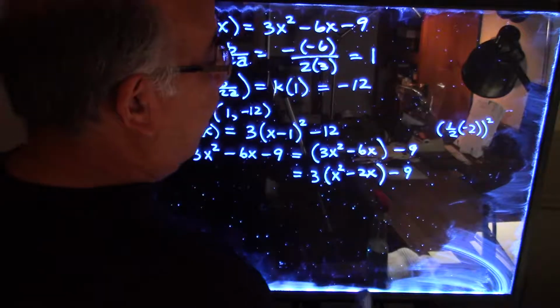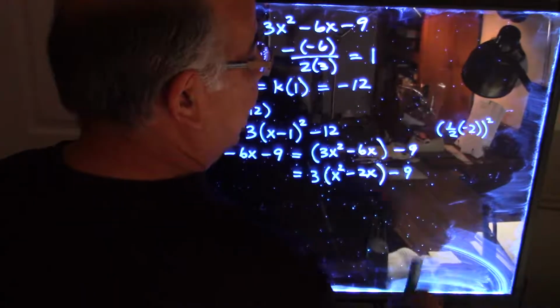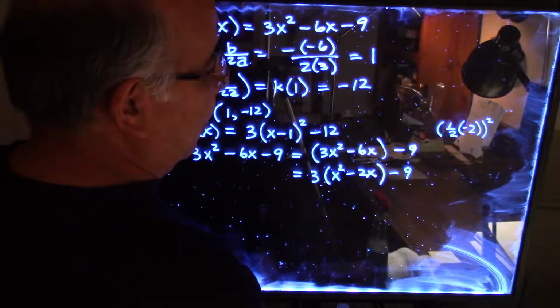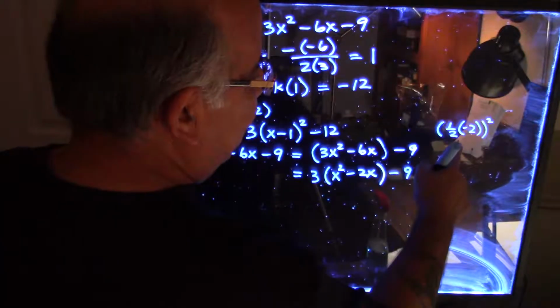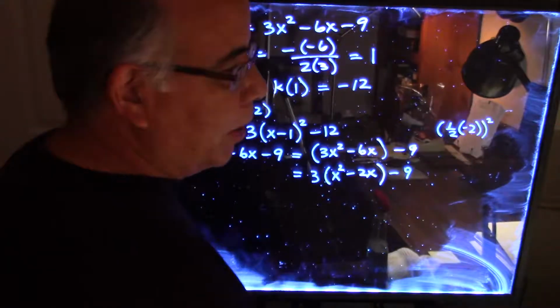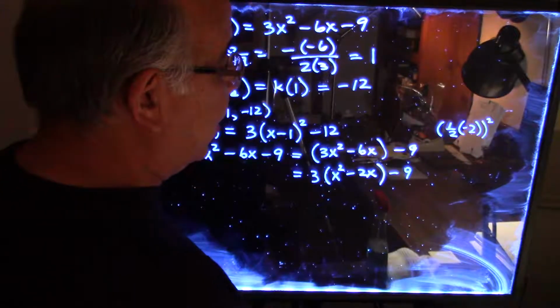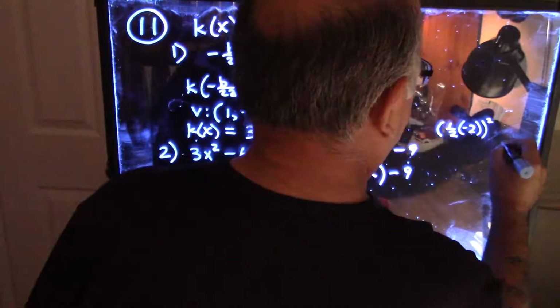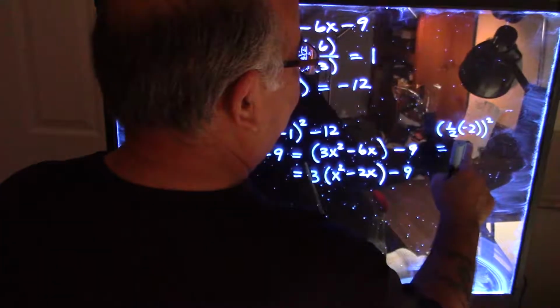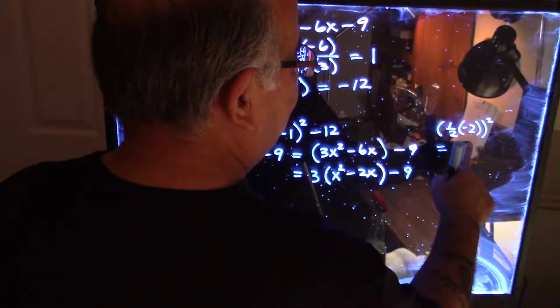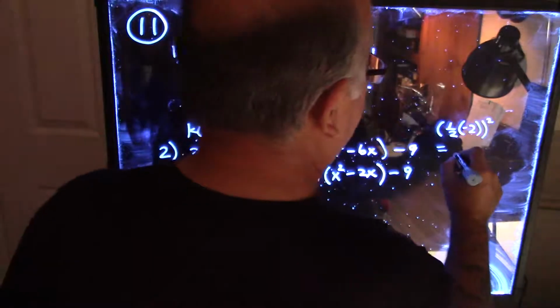So I just wrote that for the sake of being technically correct. But when you do it in your head, don't even worry about the sign. Just consider it positive because you're going to square it anyway. And that'll save you some time as well. So half of -2 is -1, and then square that, you get +1.